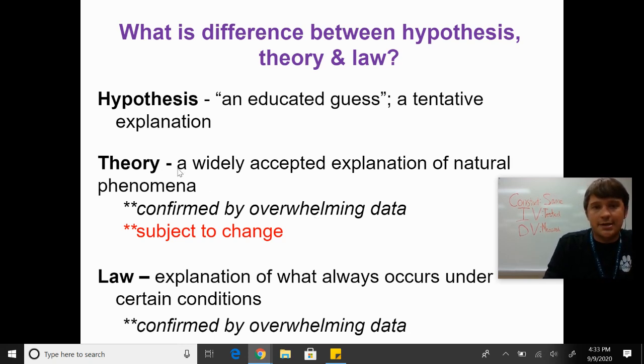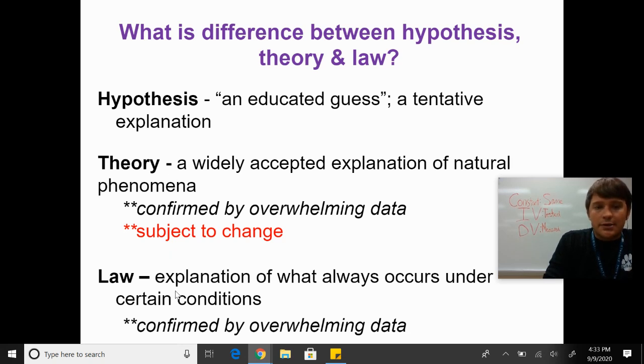And our theory is essentially going to be, and I look at the last letter, the why something is happening. Why is there matter in the universe? Boom, there's a theory. Darwin's theory of evolution. Boom, why are there different living organisms?